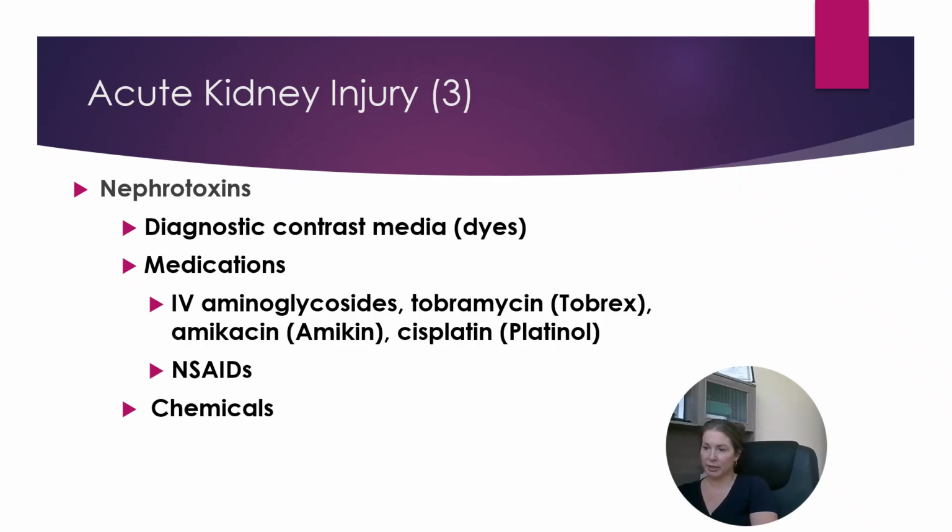Some of our medications can be nephrotoxins, so our IV aminoglycosides, things like tobramycin or amikacin, can be from chemotherapy agents, NSAIDs, or it could be from chemicals. Our heavy metals, solvents, those can cause direct tubular damage.